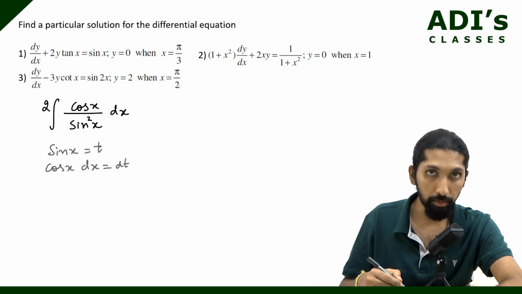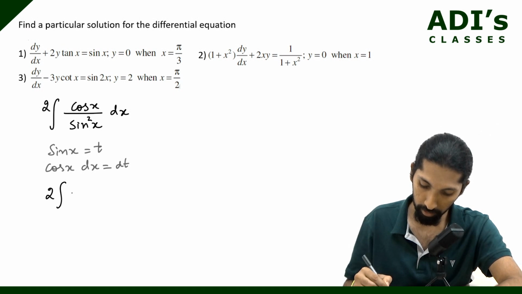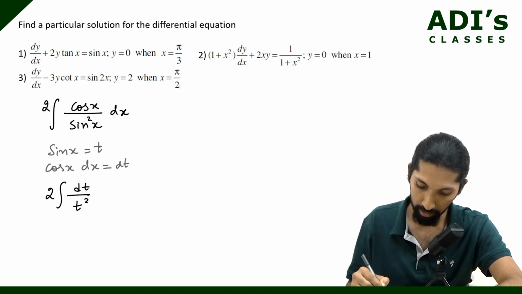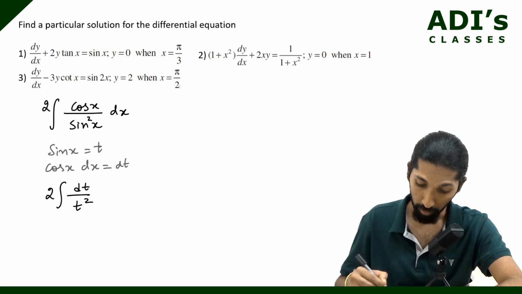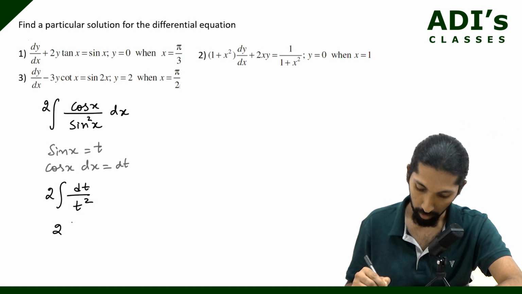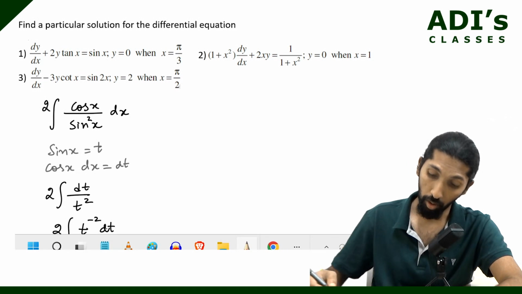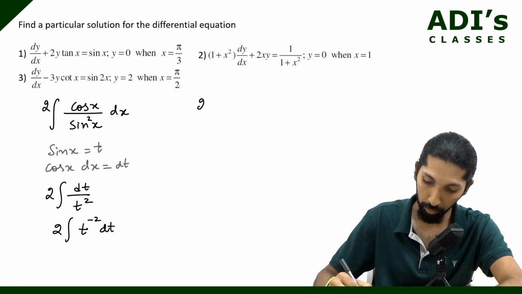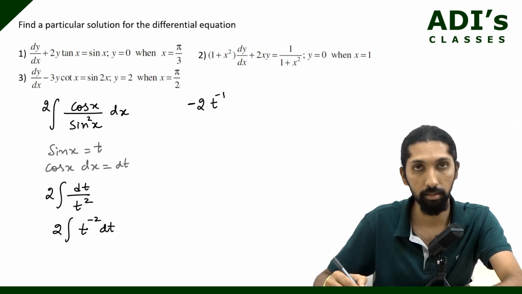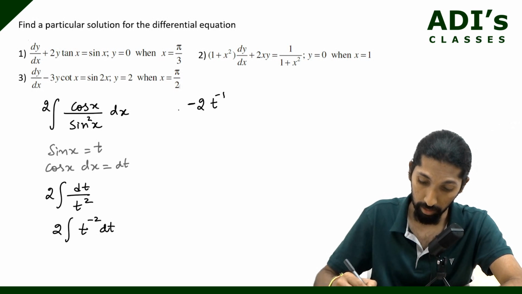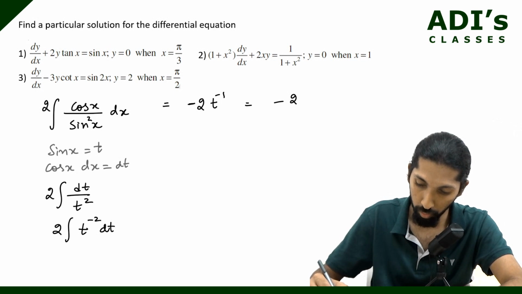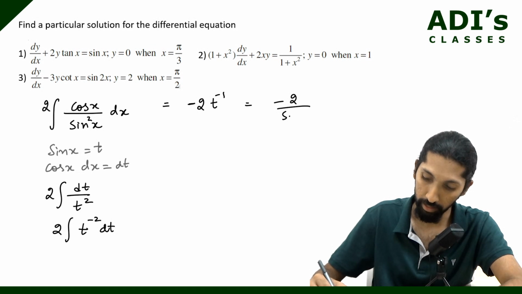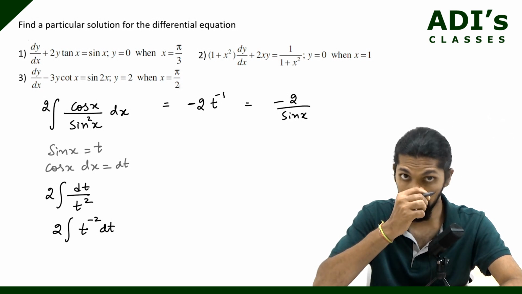Now when you substitute, you'll get 2 times dt divided by t square, right? So which is nothing but 2 integral of t power minus 2, or what we can write is 2 times t power minus 1 by minus 1, which is basically this. This is nothing but minus 2 divided by sin x, isn't it? So this is what we have.